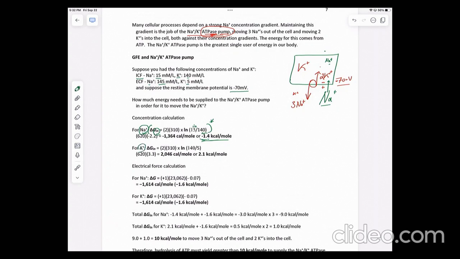Plug in the numbers and I get plus 2.1 kilocalories per mole. Well, how come that's plus and that's negative? Same deal. Again, this equation is assuming I'm taking a potassium and I want to move it into the cell. If I'm moving potassium into the cell, I'm moving it against a pretty significant concentration gradient.